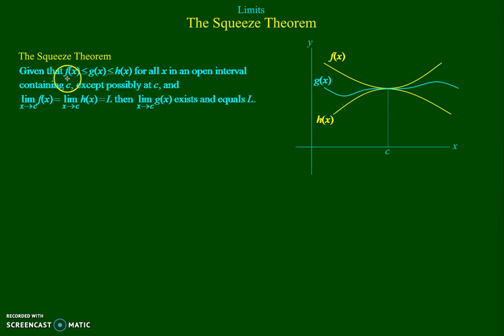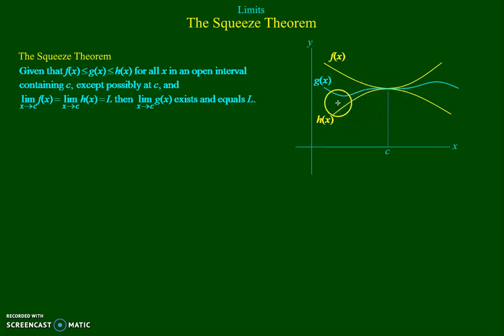That is, given that f of x is less than or equal to g of x, which is less than or equal to h of x, for all x on an open interval containing c, again, except possibly at c itself, because the functions don't have to be defined at the limit value, then the theorem states that if this condition is held, and if the limit of f is equal to the limit of h as x approaches c, if this limit is the same, then the limit of g of x at that same c value must be equivalent to the limit of f and h at that value.